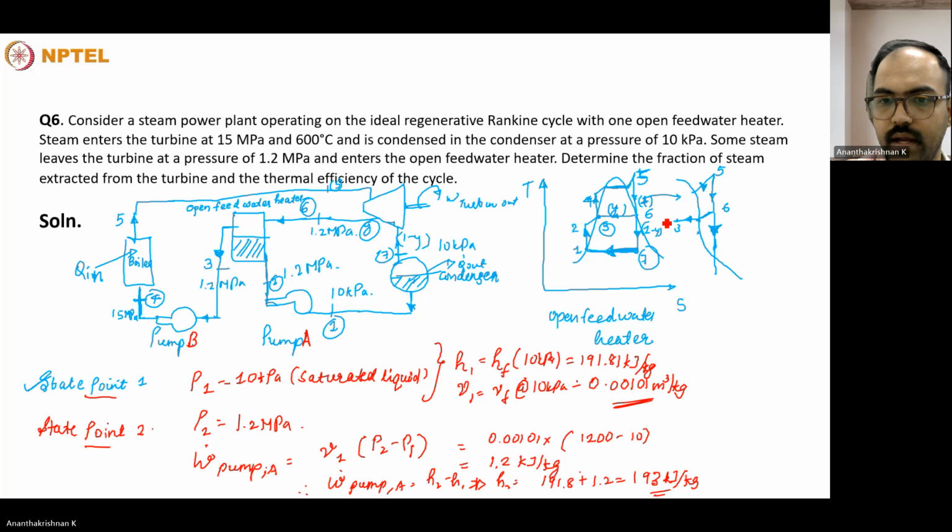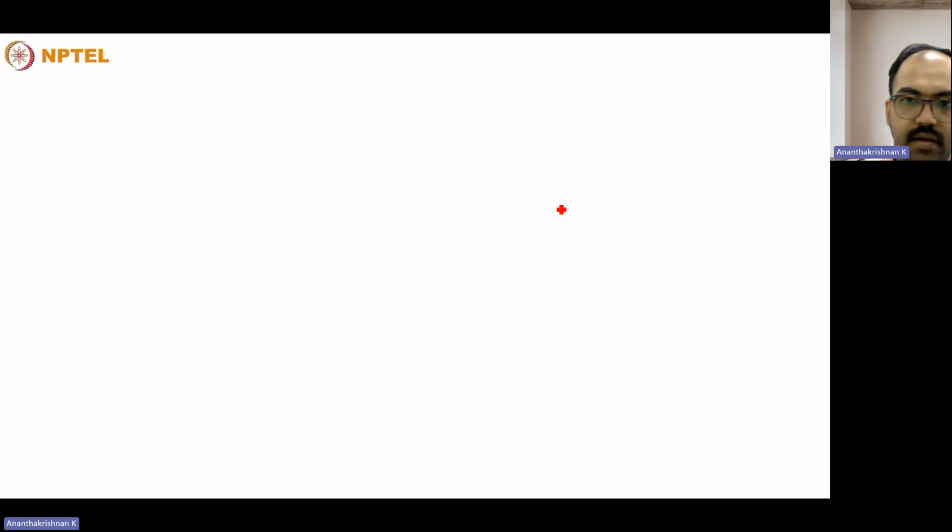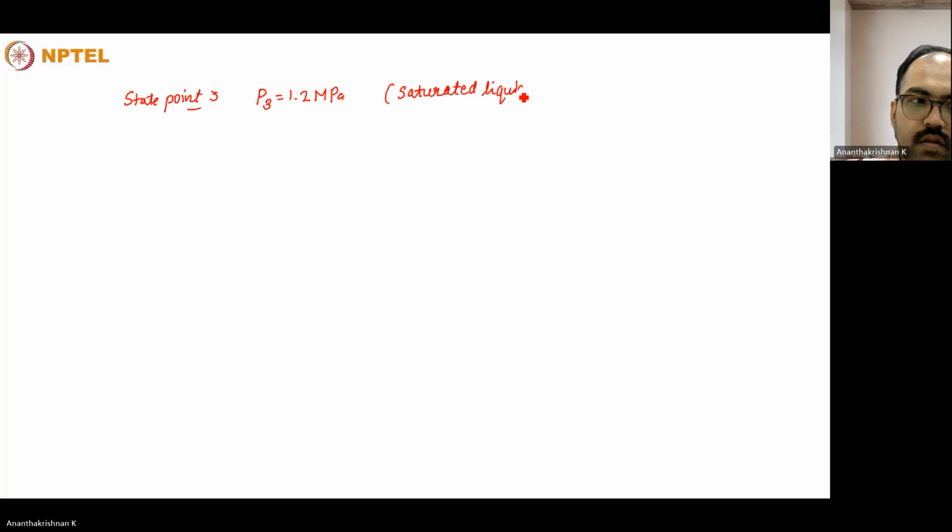And straight away we can obtain from the steam table. P3 is given as 1.2 megapascal. So for the saturated liquid, nu3 will be equal to 0.001138 meter cube per kg.